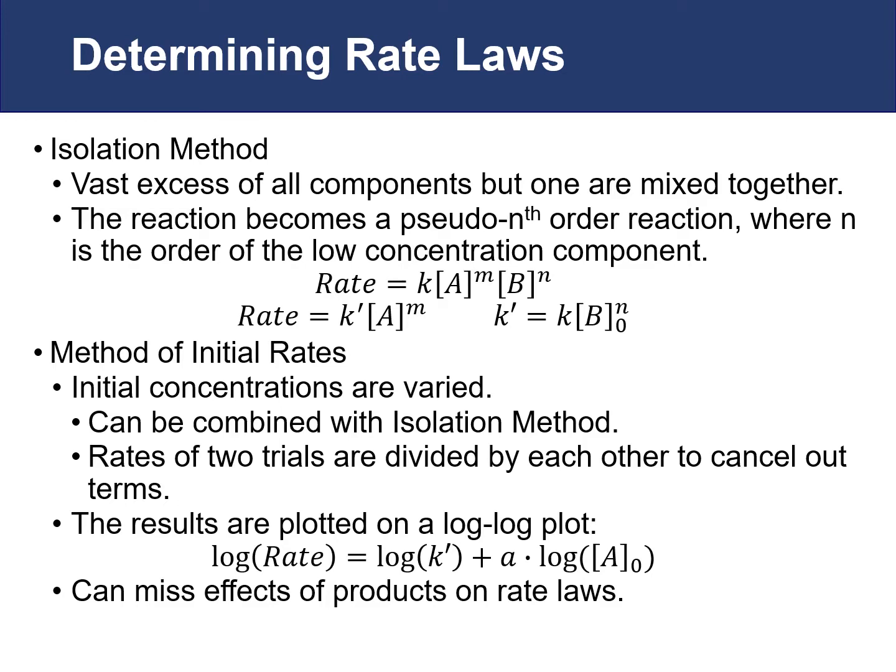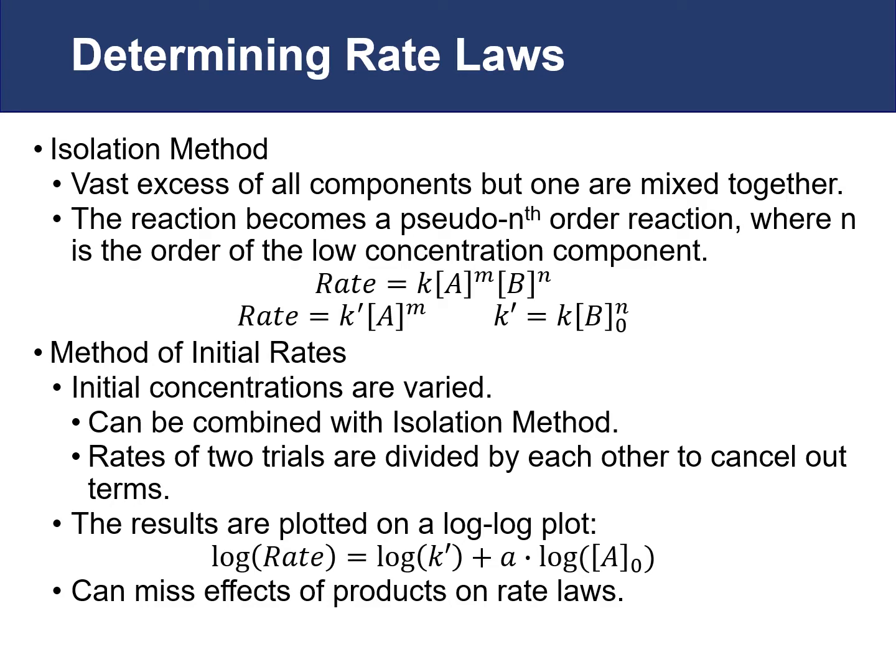And the rate law was fairly complicated, and it actually had the products in the rate law. So a lot of times when you form products, they can actually inhibit the reaction from continuing towards completion. If you're only looking at the first couple seconds of a reaction, you won't have built up much product, and so you will miss these effects.